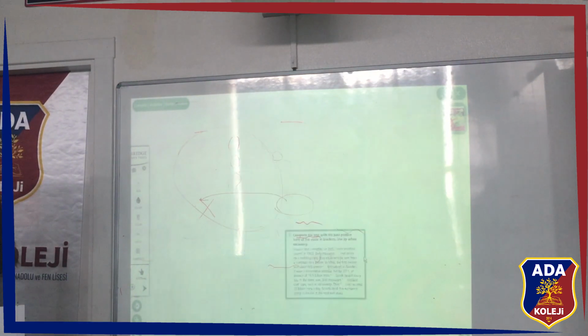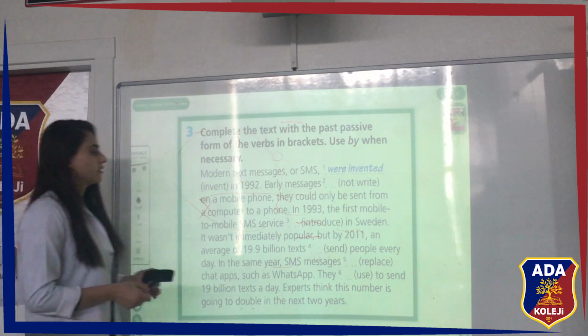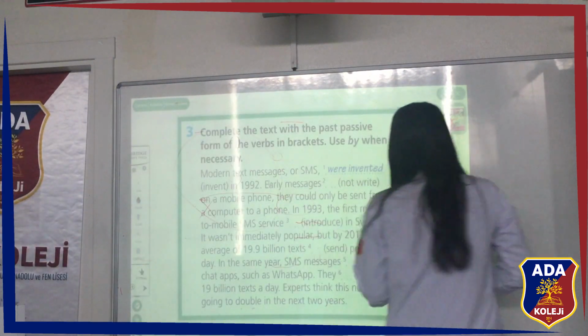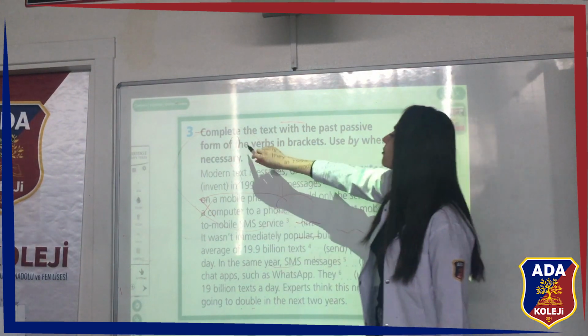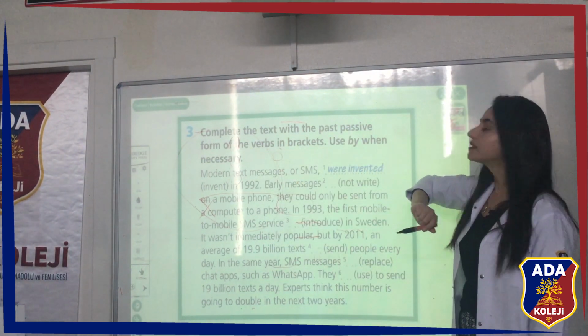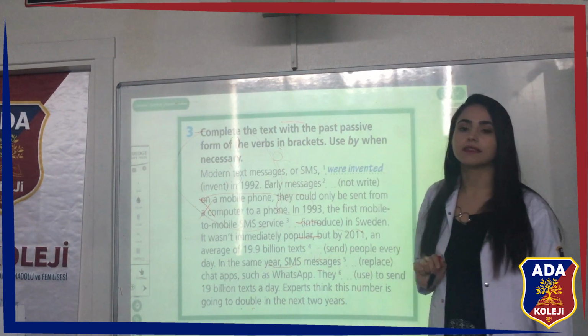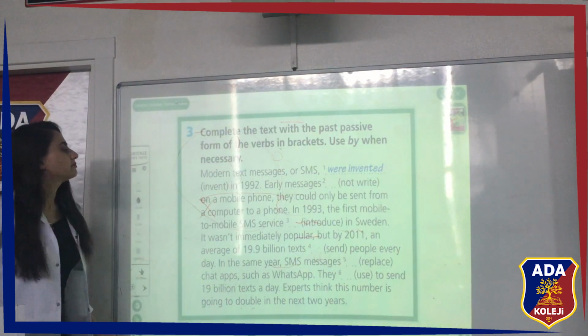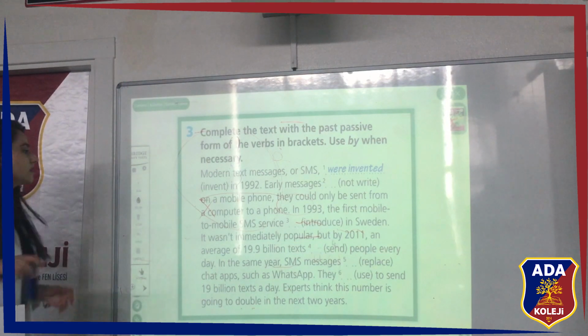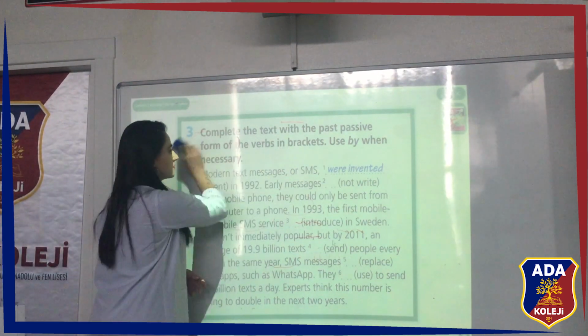Yes, we have 3 parts and this is the last part. You will complete this text with the past passive form of the verbs in brackets, using by when necessary. Okay? Start, friends. We will do it together.